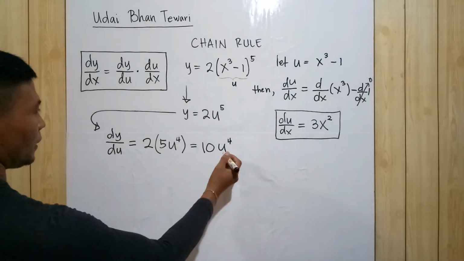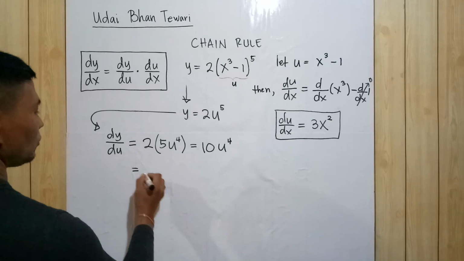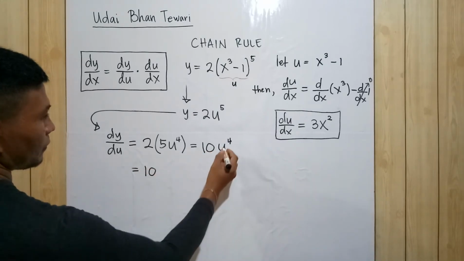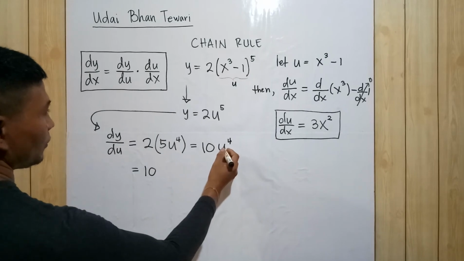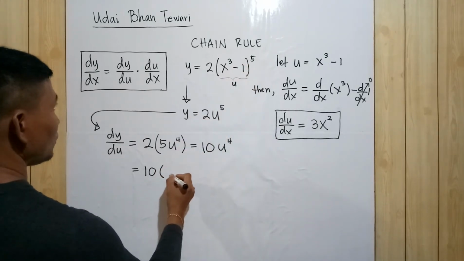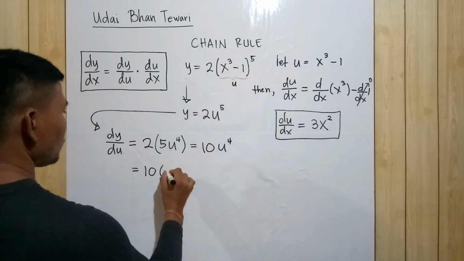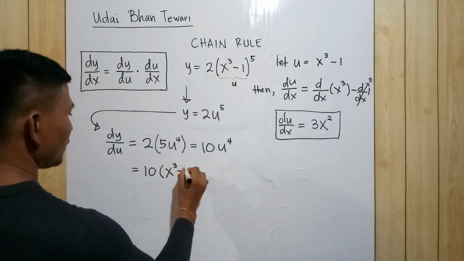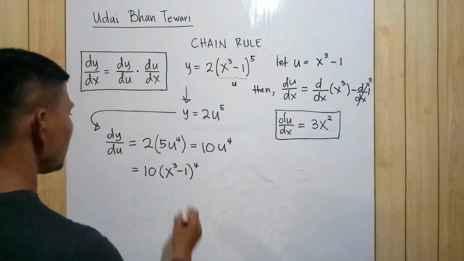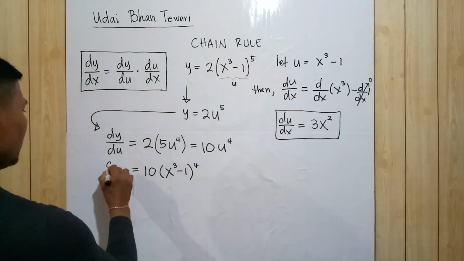So we have 10 times, substituting u with the original value, x cubed minus 1 to the power 4. So this is now our dy du.